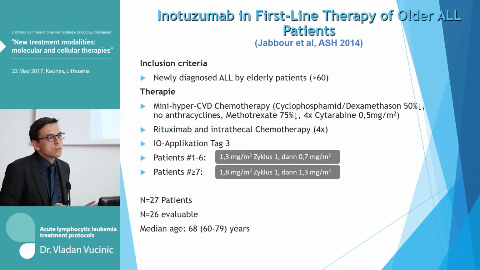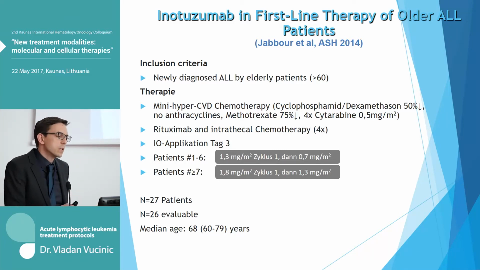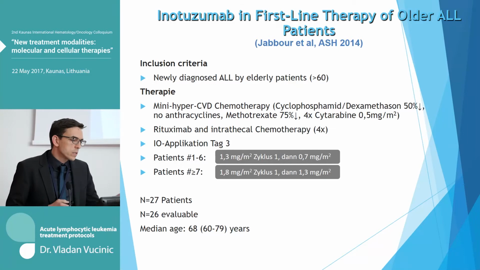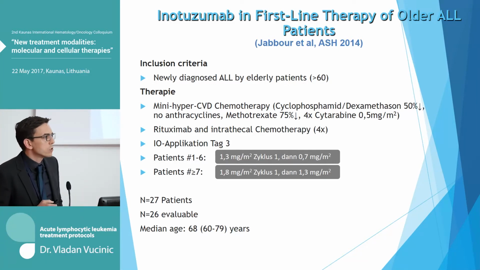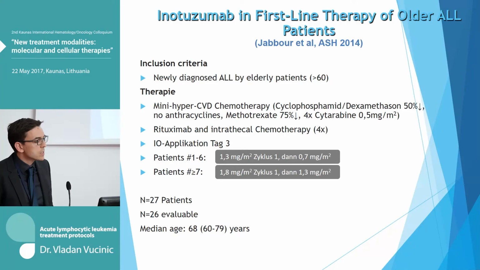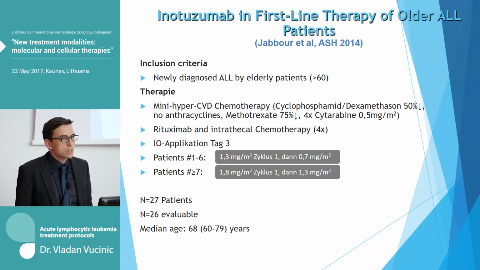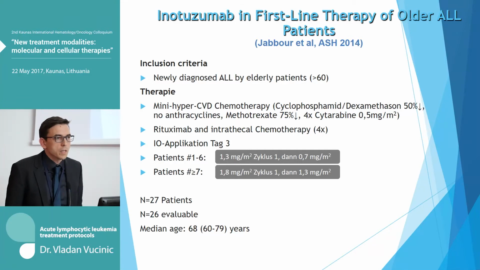I'm going to dedicate a few minutes to the new antibodies, but I will take you to a small excursion to the ASH Congress 2014 and to ASH 2016, where the doctors from MD Anderson in Texas presented the concept of treating elderly patients with inotuzumab ozogamicin.